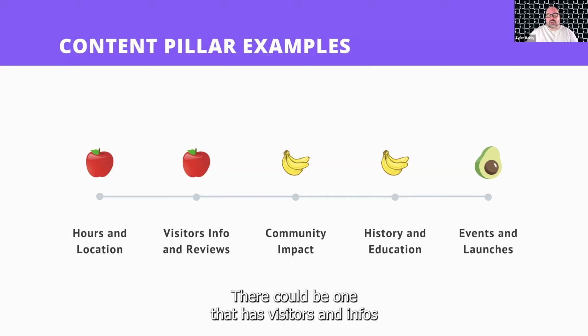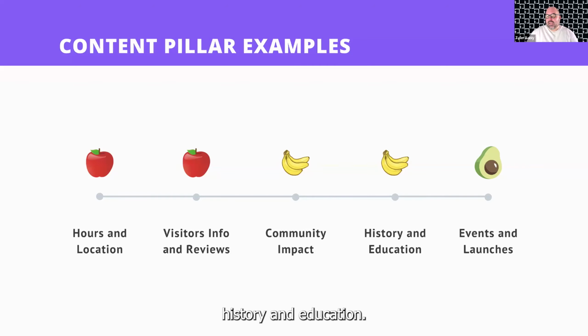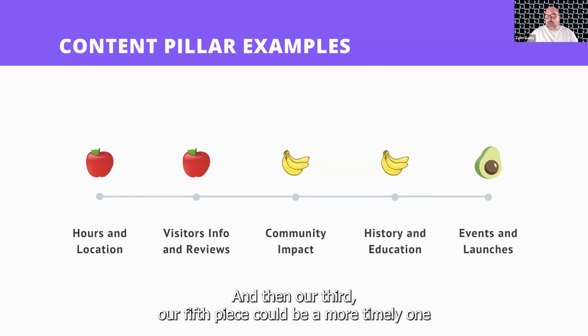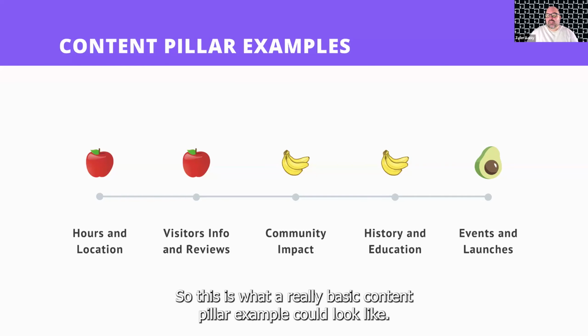Another has visitor info and reviews that link back to core knowledge. The two other posts could be about impacting community, history and education. And the fifth could be a timely one relating to events and launches. So this is what a basic content pillar example could look like.